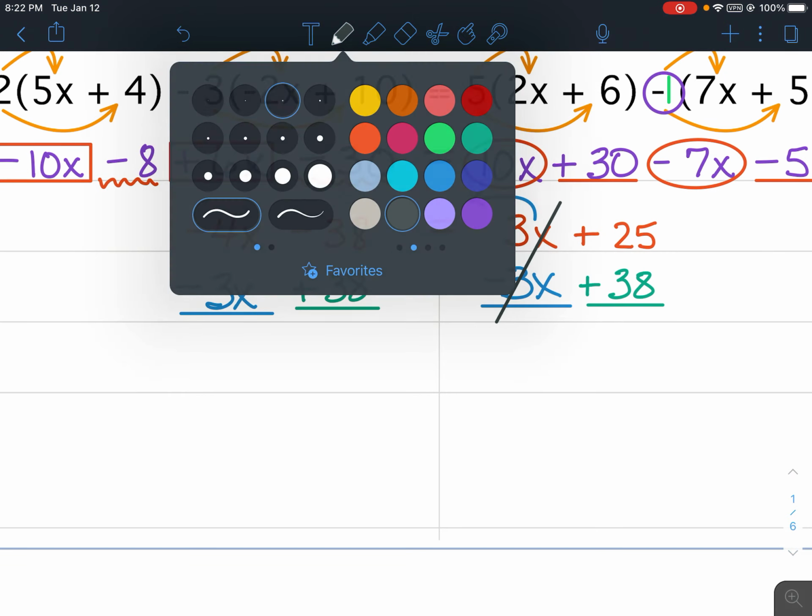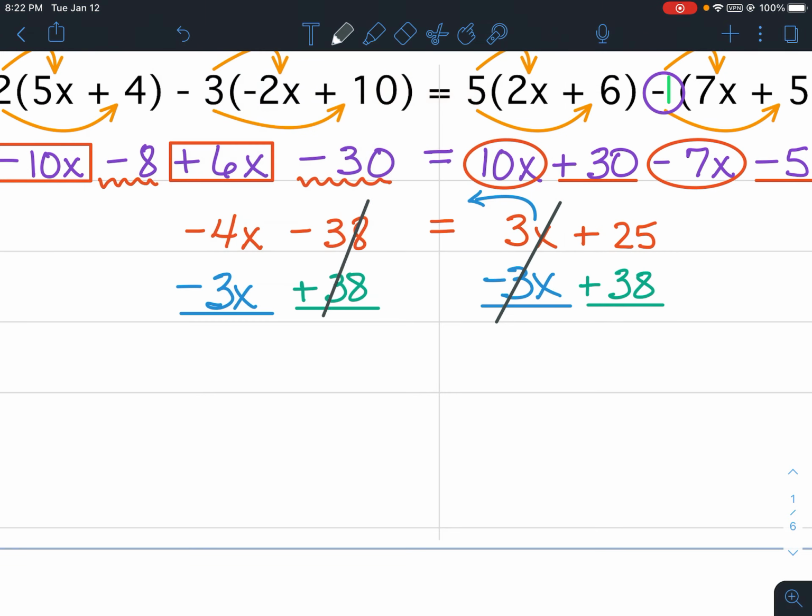And that allows me to cancel out the constant terms on this side. While you're at it, go ahead and draw an arrow like this.